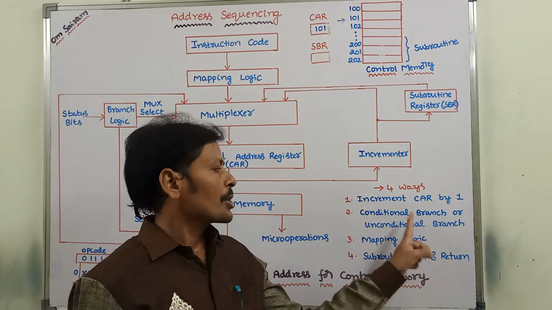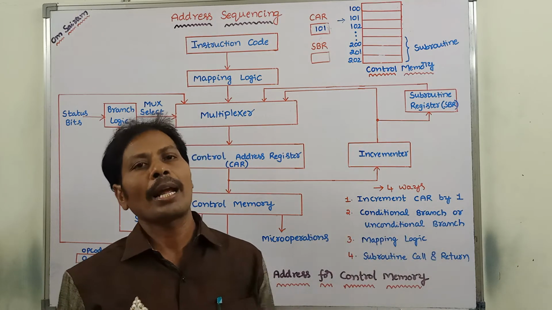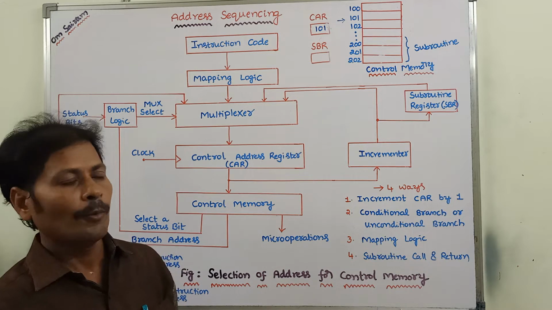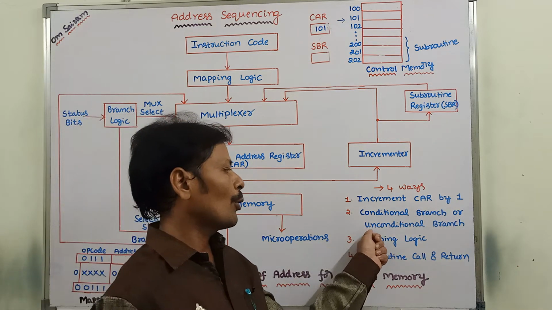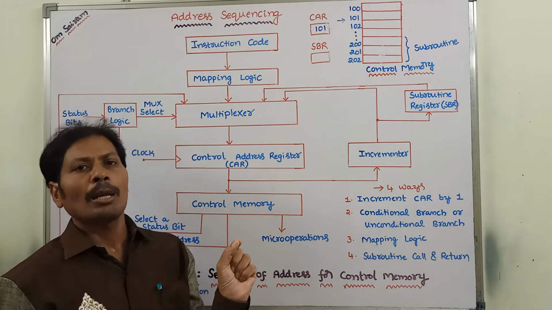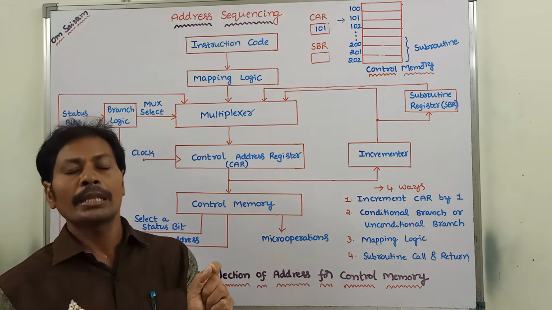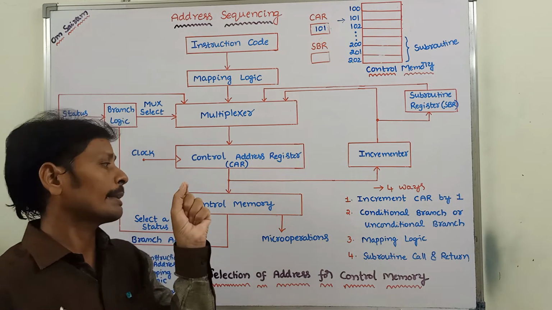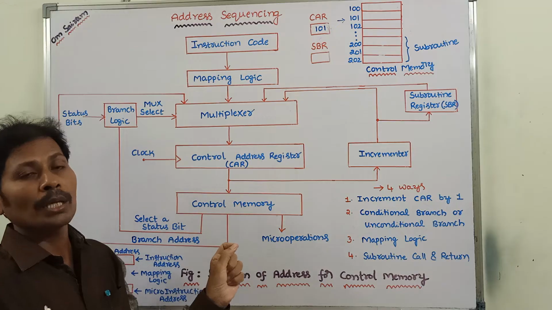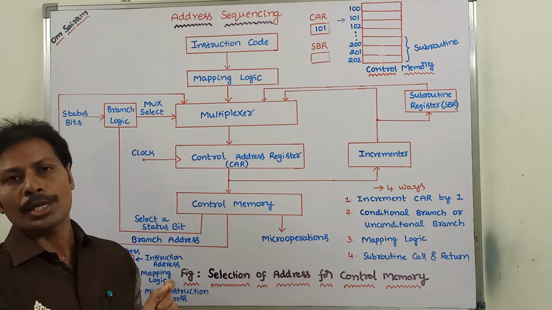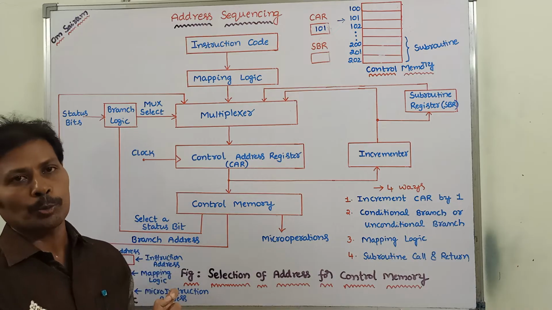Unconditional branch or a conditional branch depending on the status bit conditions. First we can go for the unconditional branch. Unconditional branch is nothing but, without checking any condition, we are transferring the program control from one location to another location in the microprogram.